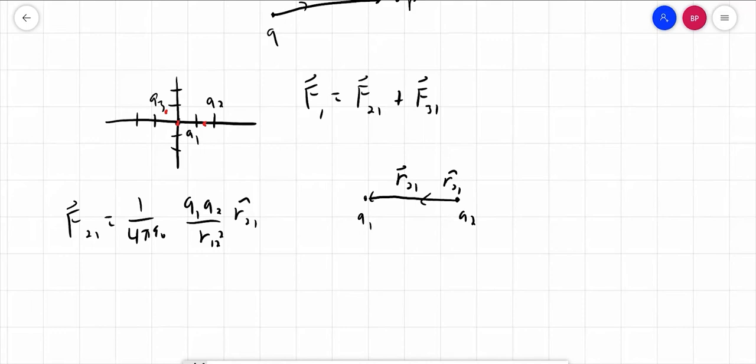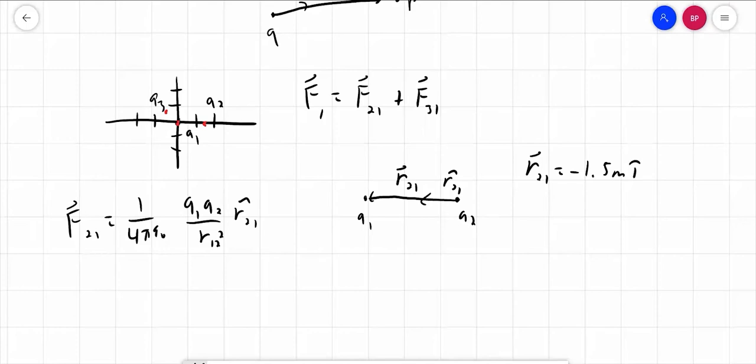Now, normally this would be a triangle, but we just have a straight line just because they're both on the x-axis. And so to go from Q2 to Q1, we clearly have to go in the negative x direction. And Q2 was at 1.5 meters. So we have to go negative 1.5 meters in the x direction. So our full vector, R21, is negative 1.5 meters in the x direction.